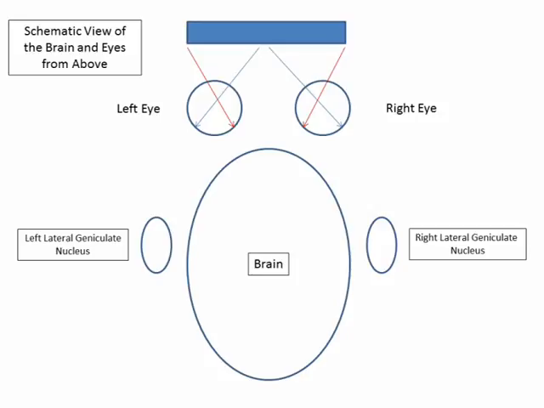Now, let's just have a look at this, because I've treated the rays bouncing off the blue block slightly differently. The ones in red, let's have a look at those first. They're at the outermost edges of the blue block, and what happens is that they are seen by what's called the medial aspect of the eye.